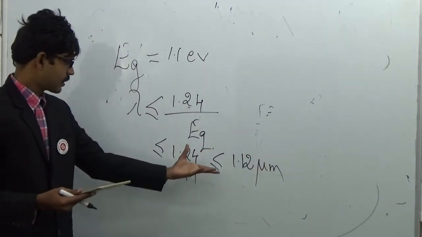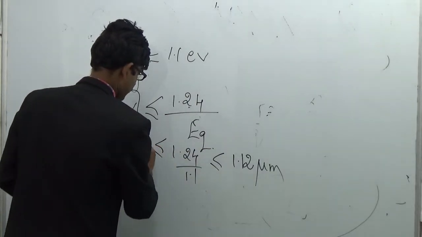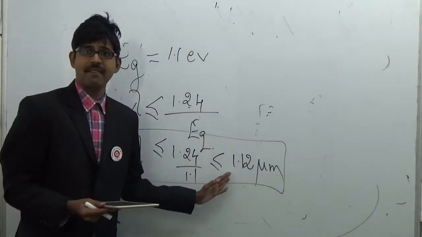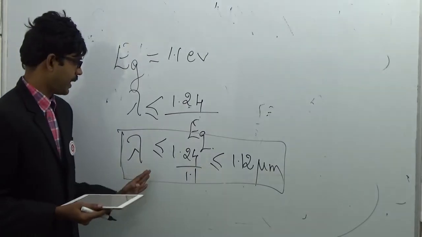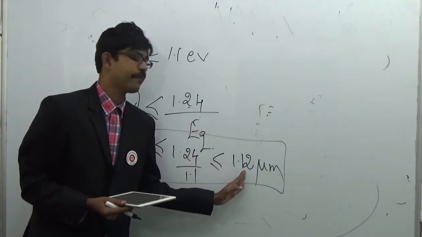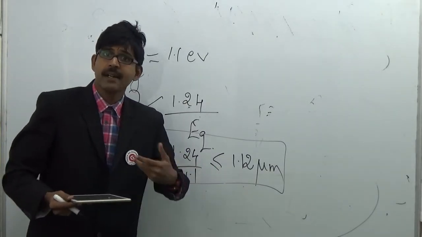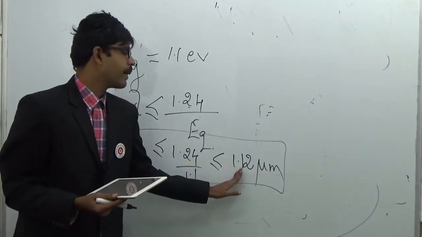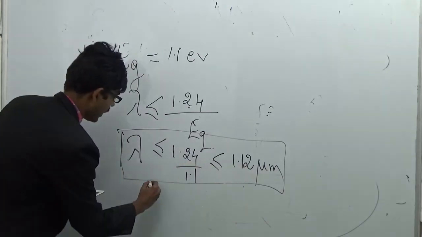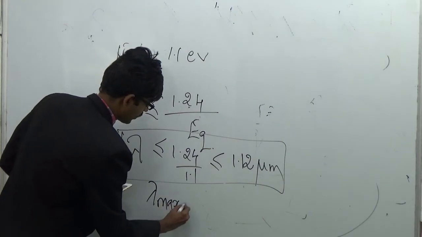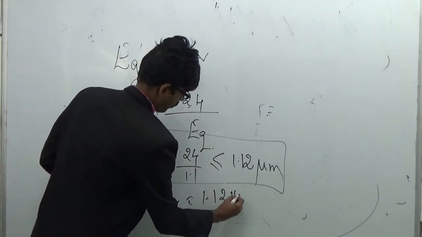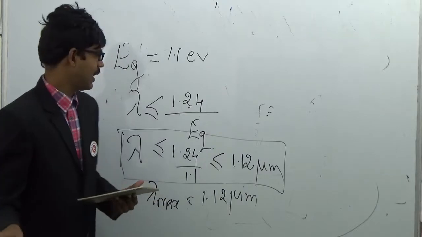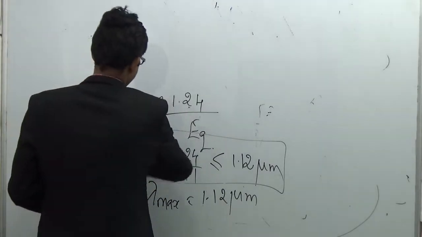So this could be the wavelength limit. It should be less than or equal to 1.12 micrometer. Which means, what is going to be the maximum wavelength? It's going to be 1.12 micrometer. So lambda max is equal to 1.12 micrometer. Is it okay? So based on the formula, you can compute it in a very easy way.